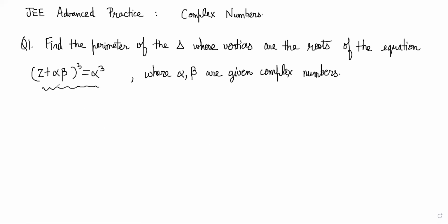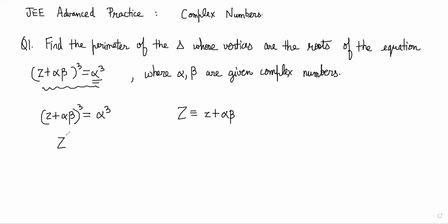So what we should do here is think about this equation and try to understand what kind of complex number this represents. This is like you're trying to take cube roots of alpha cube. So you can say that (z + αβ)³ = α³ if we substitute capital Z for z + αβ.